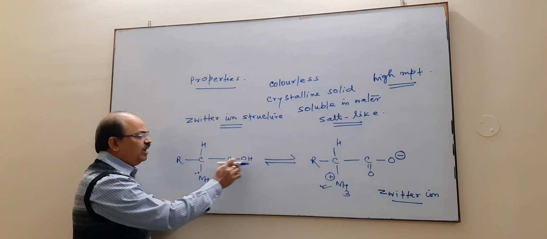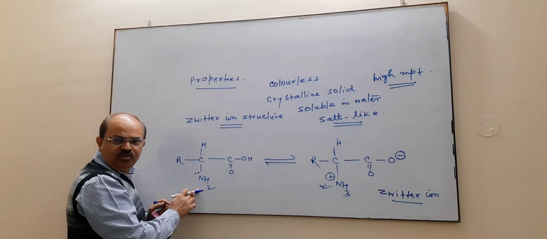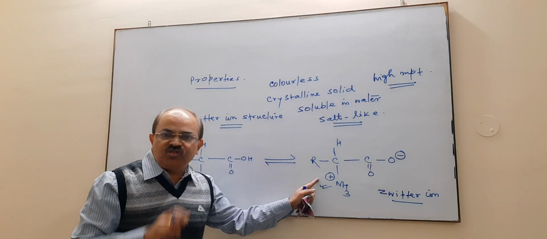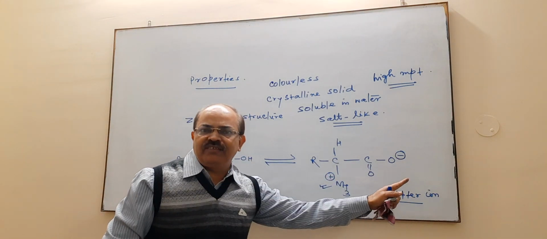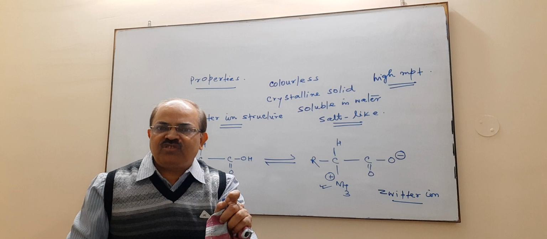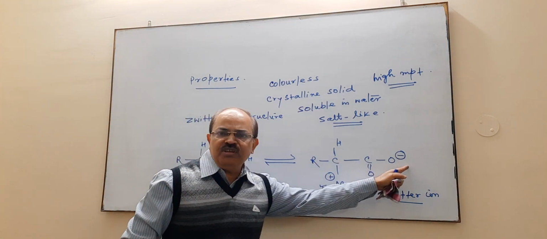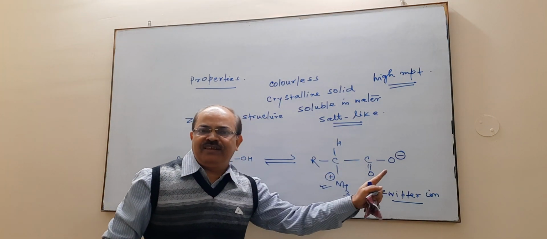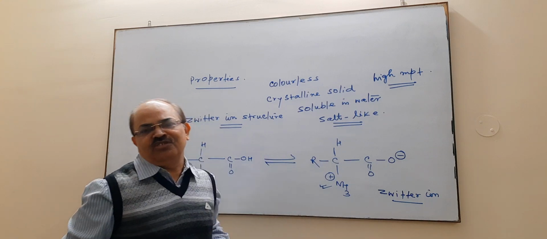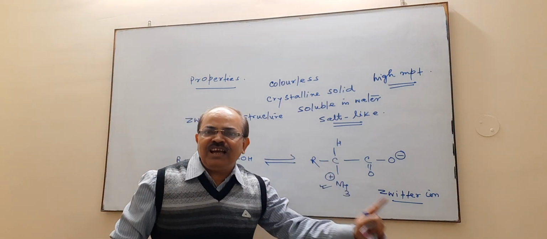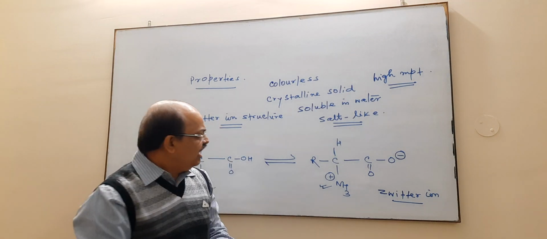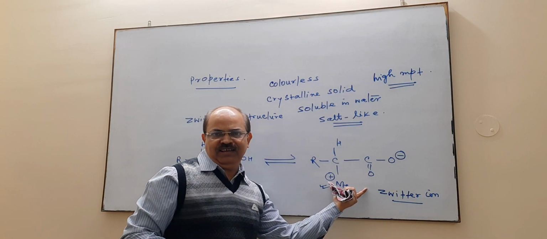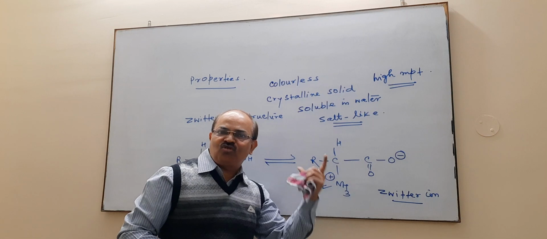So this lone pair will easily accept the proton and form NH3 plus, and this is COO minus. So if in the same structure both the positive and negative charge are present, then such a structure is known as a zwitterion structure. It is a salt-like structure, and due to this behavior, it behaves as a salt.